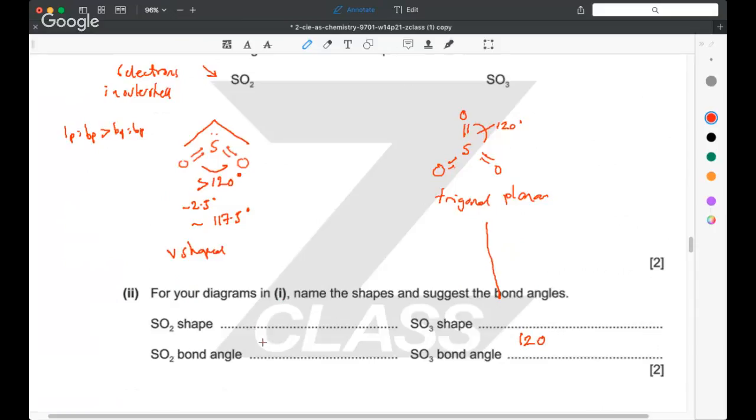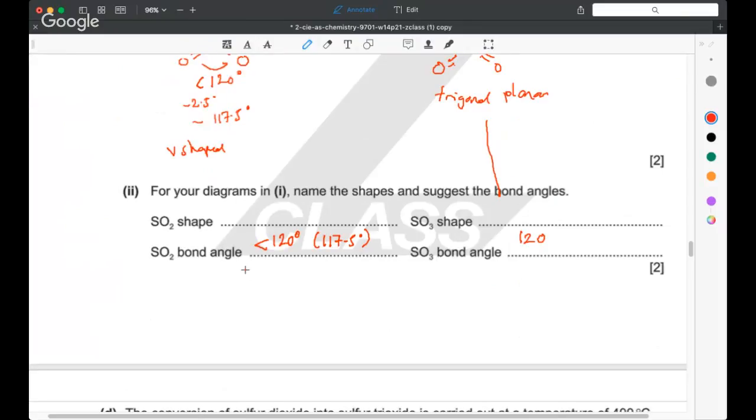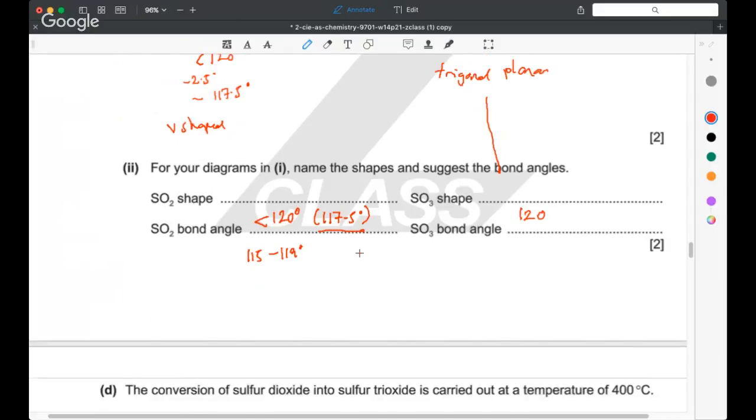And over here, sorry, I've got that the wrong way around, haven't I? The bond angle is less than 120 degrees, we think about 117.5 degrees. And in the mark scheme, the examiner was happy to accept anything from 115 through to 119 degrees. So we're bang in the middle of that range there. Good.